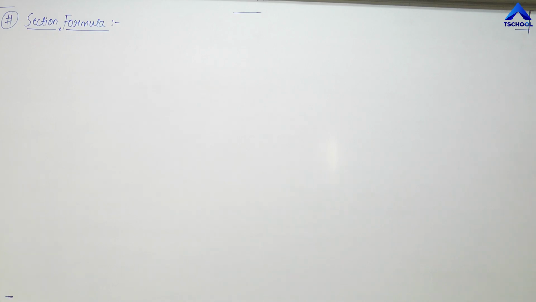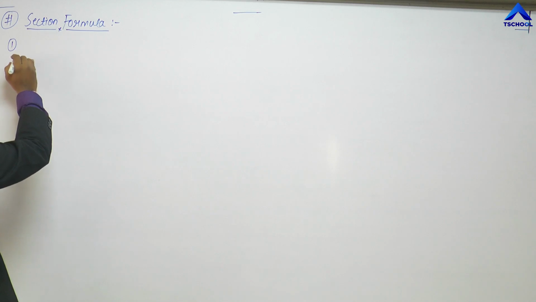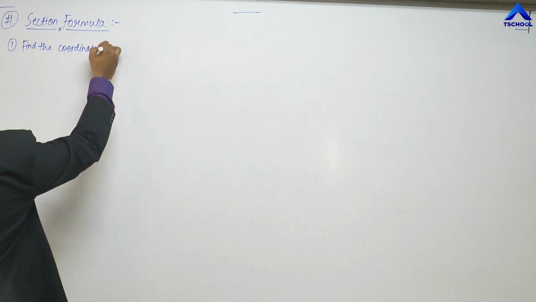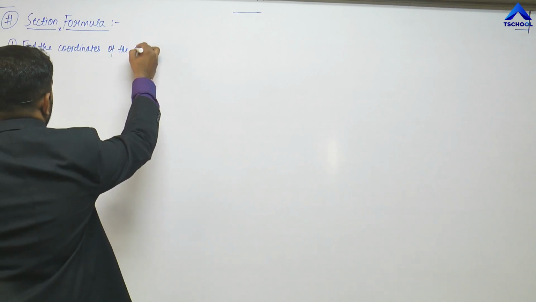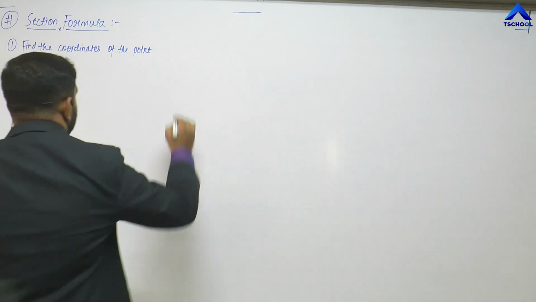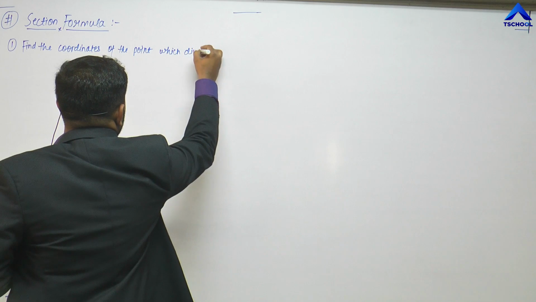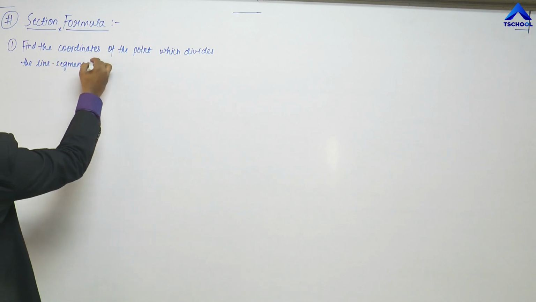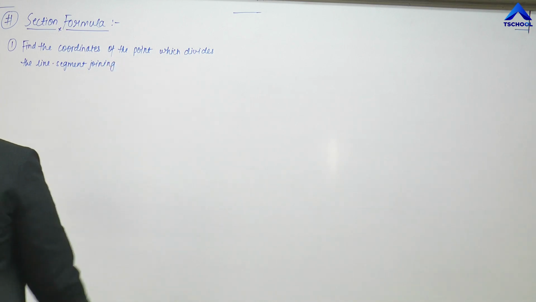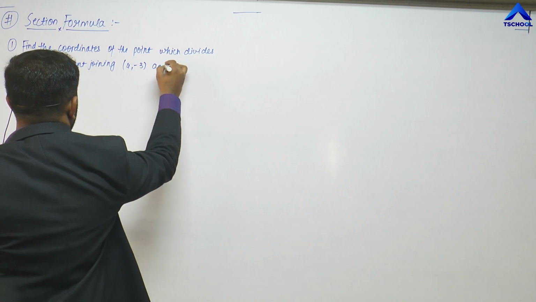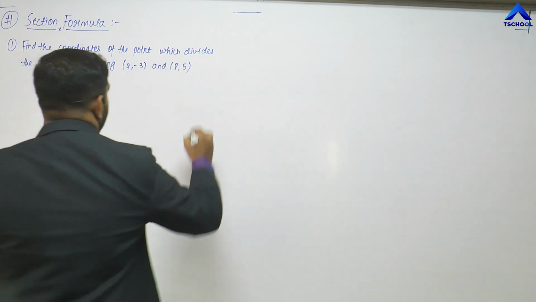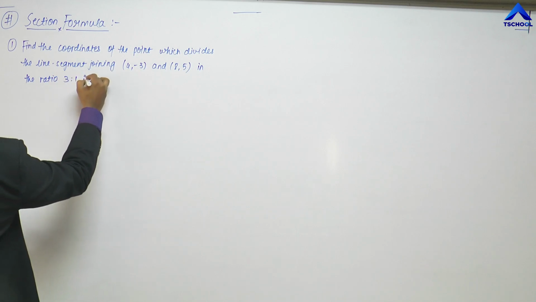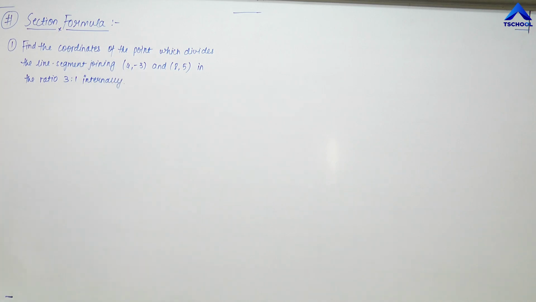Okay, let us see an example here. I am having a question, the first one under the section formula: find the coordinates of the point which divides the line segment joining (4, -3) and (8, 5) in the ratio 3:1 internally.